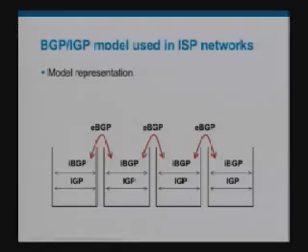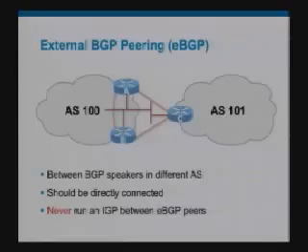We have iBGP, where your customer prefixes, your hosting LANs, and all this other kind of stuff will go into your iBGP. And then external BGP is used to basically distribute prefixes from your autonomous system to the neighboring autonomous system. So that's why I've drawn the model like this, where eBGP basically is a link between the two adjacent networks.